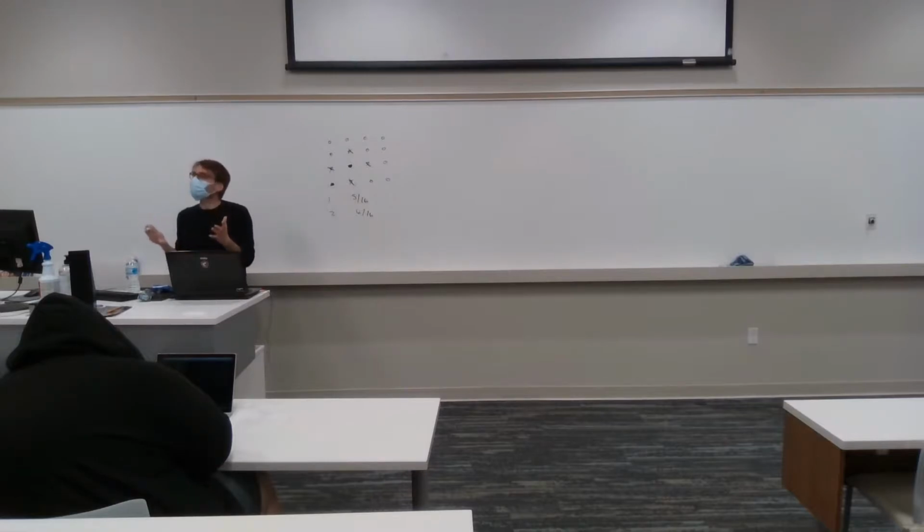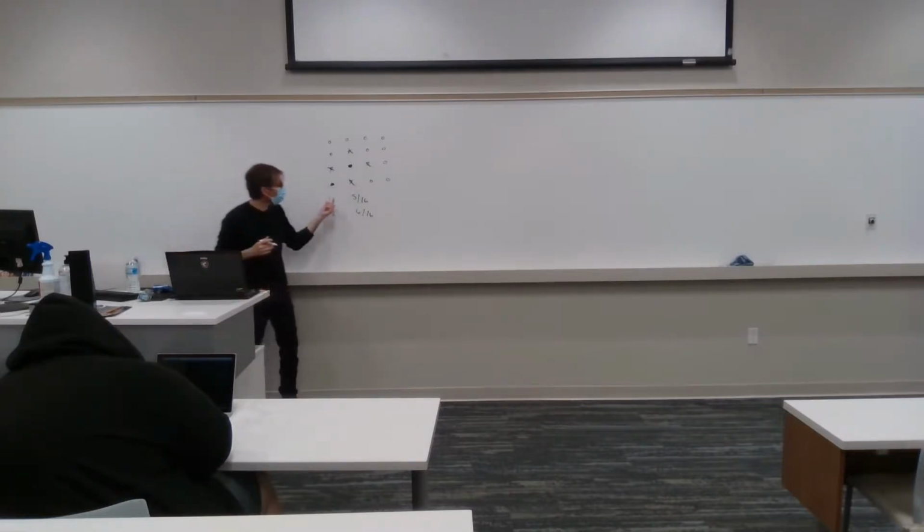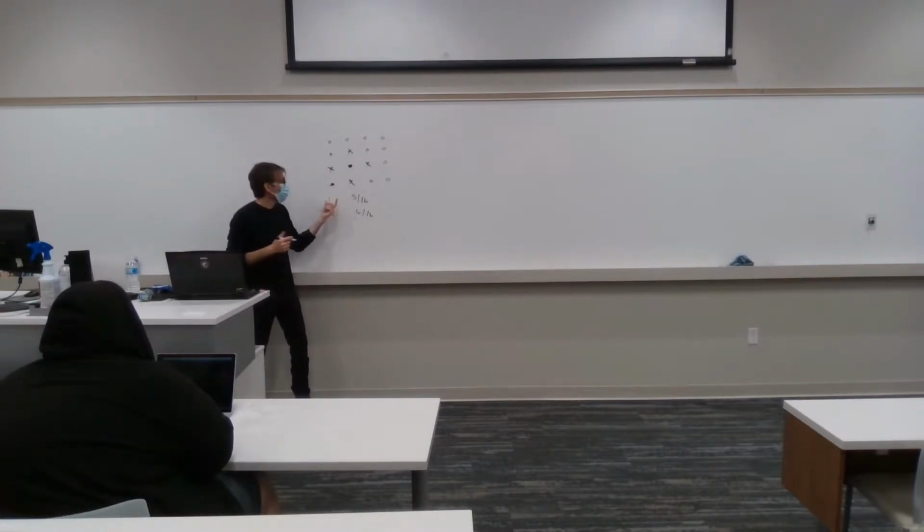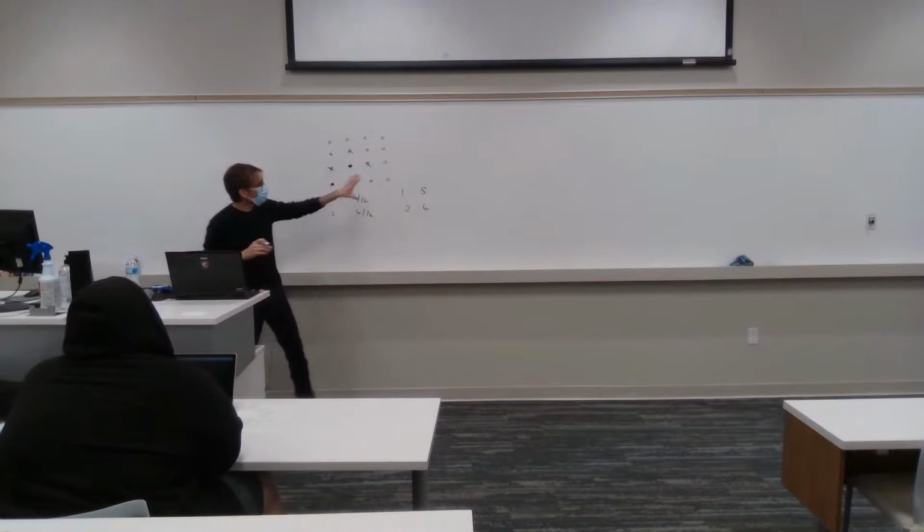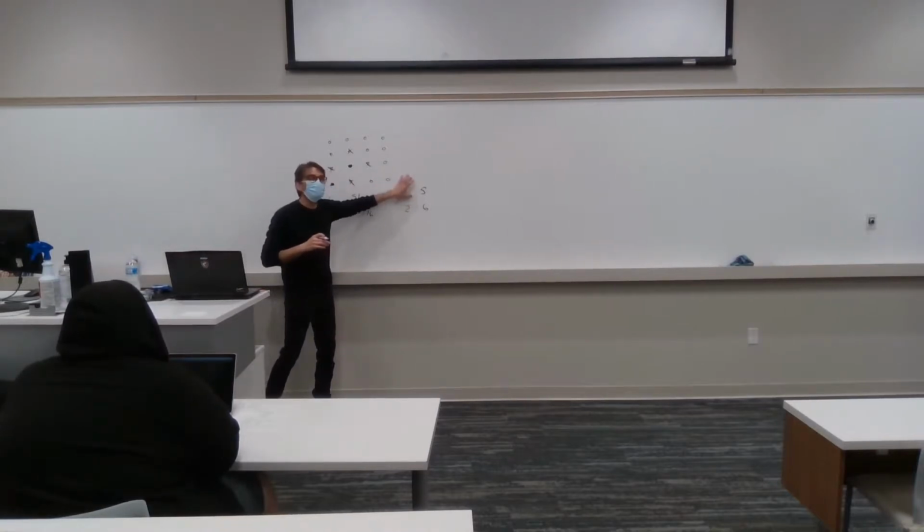Well, we have to think about that, right? But that's what the fitness function should be able to do. It should be able to take this kind of information, maybe just the 1 and the 5 and the 2 and the 6, and be able to determine which of these is better.